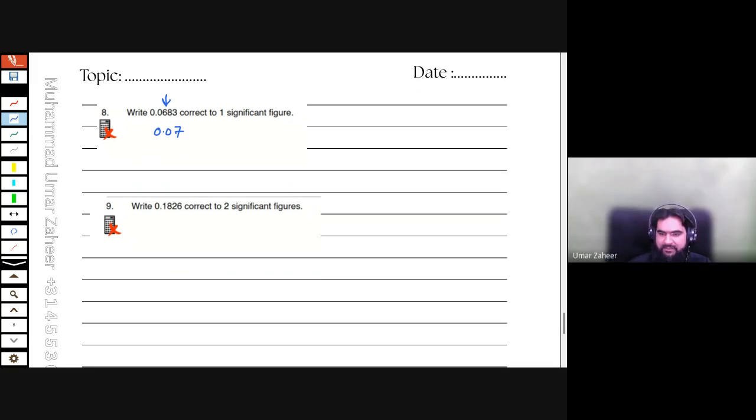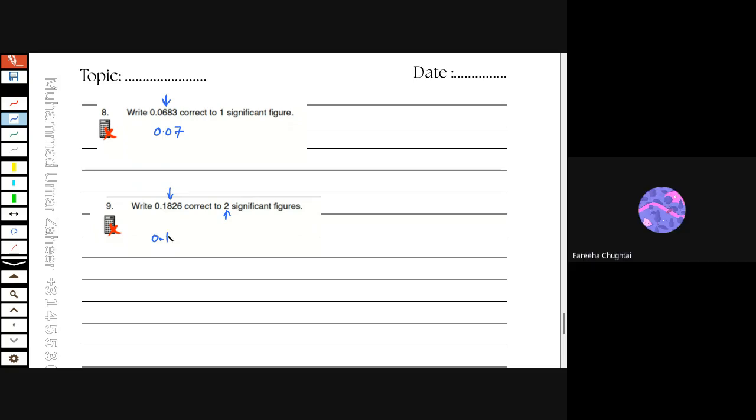Yes, for here we have 0.1826 correct to two significant figures. Which is the second significant figure value? 8. Just round off till 8, it will become 0.28. Sorry, 0.18.